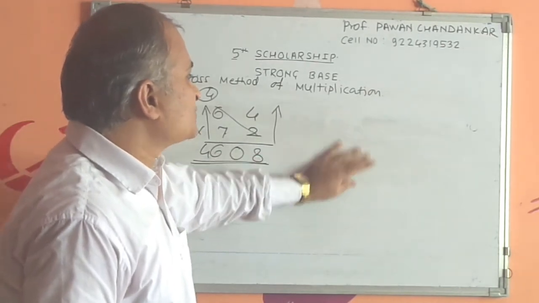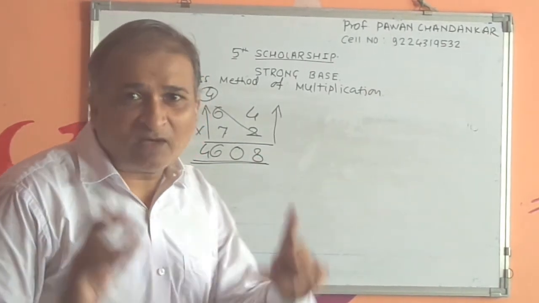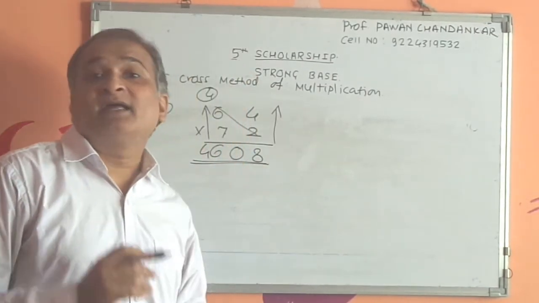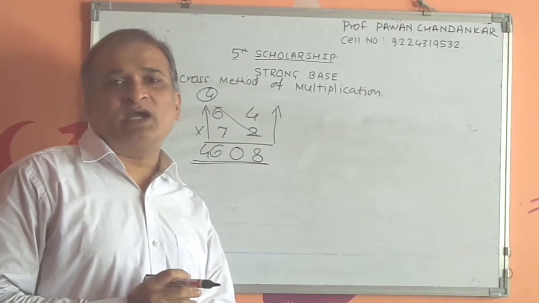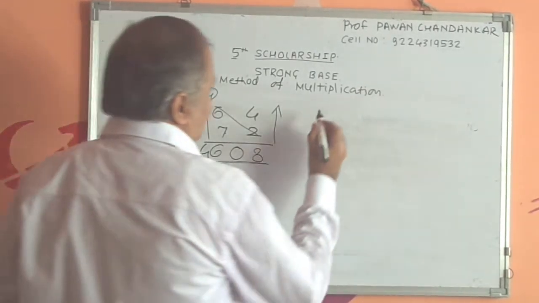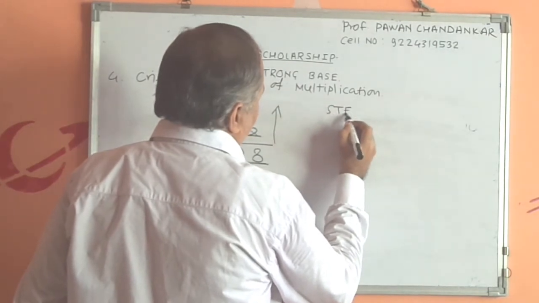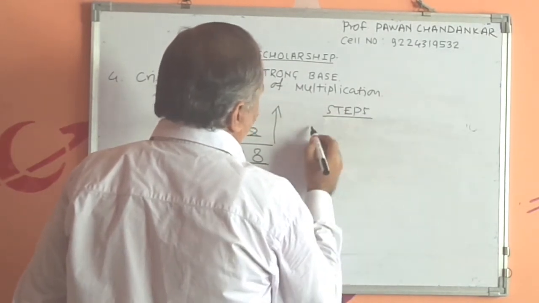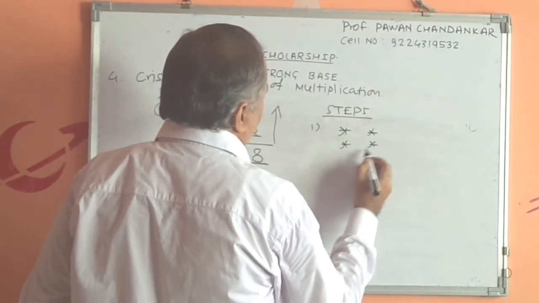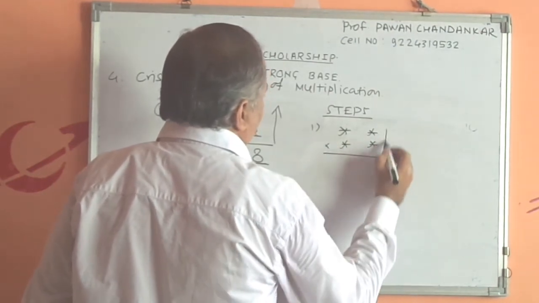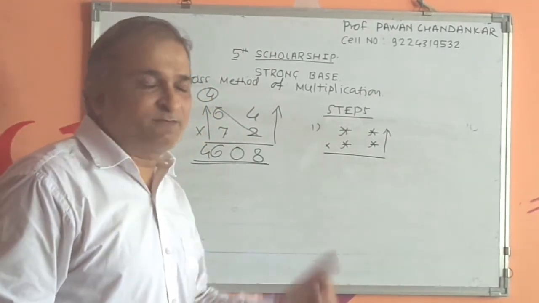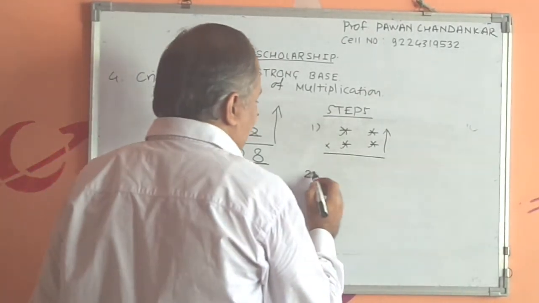You can also take a note of this, or you can take a snapshot of these steps so that you can implement the same steps while doing your multiplication calculation. The steps are very simple. Suppose these are the 4 digits. First of all, we have to multiply the units place. This is the first step.